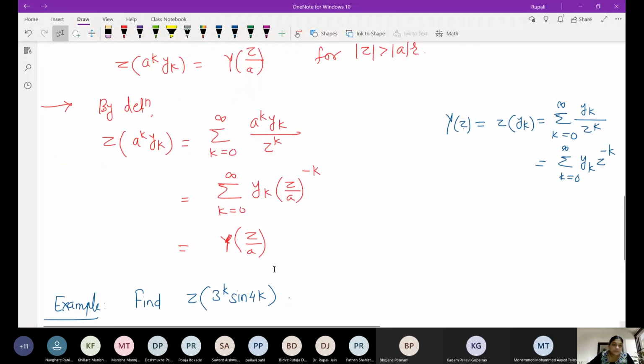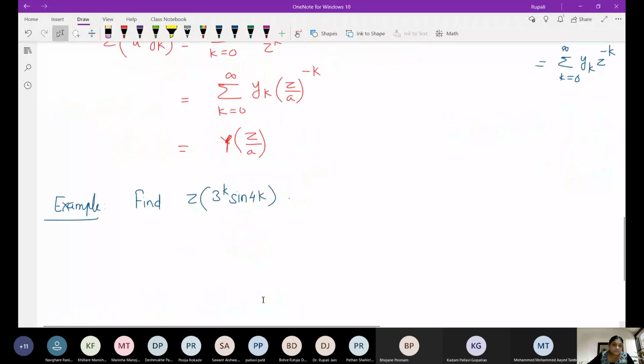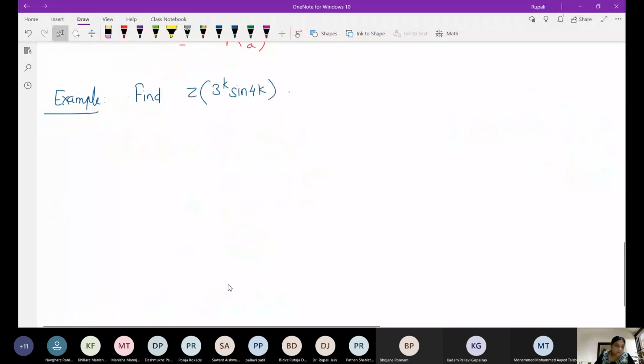We will use the above theorem. We know that the Z transform of a raised to k yk is nothing but capital Y of z by a.